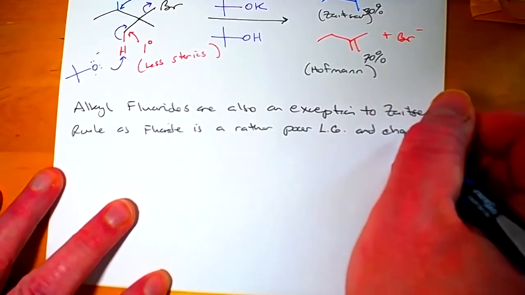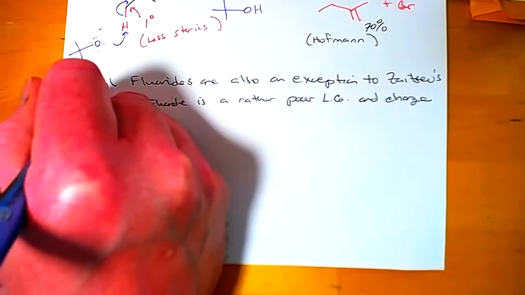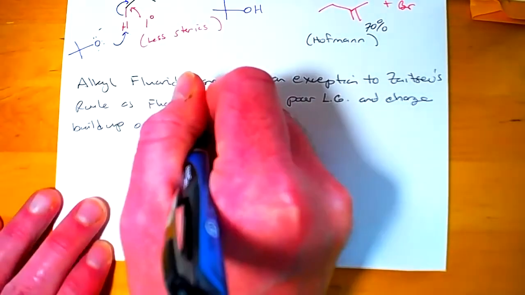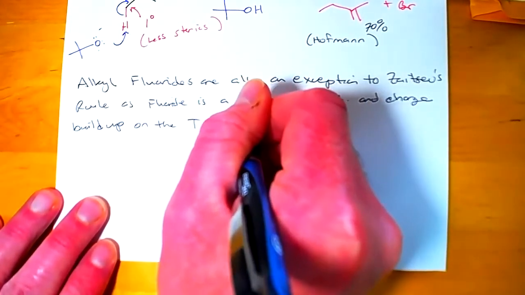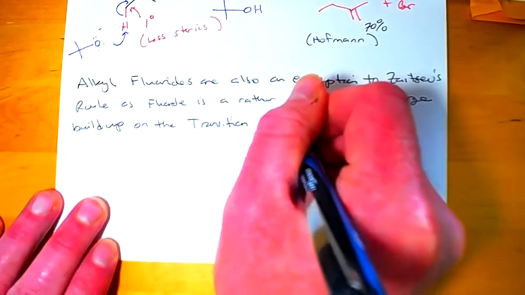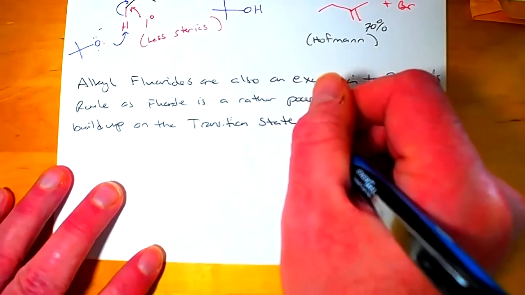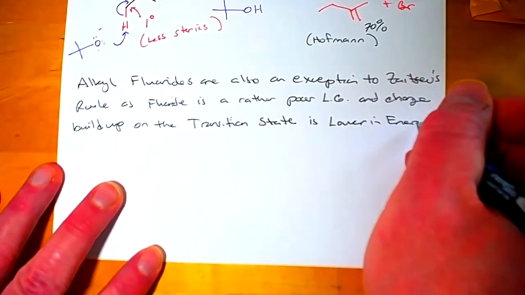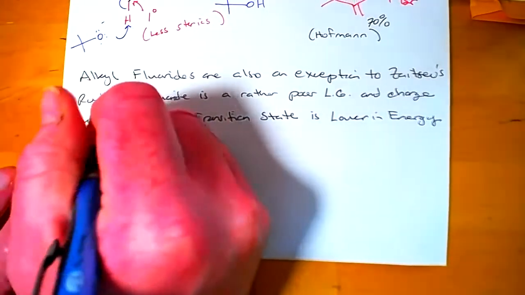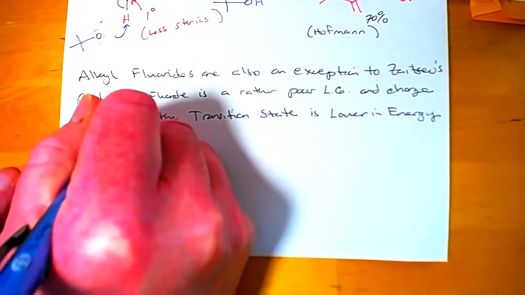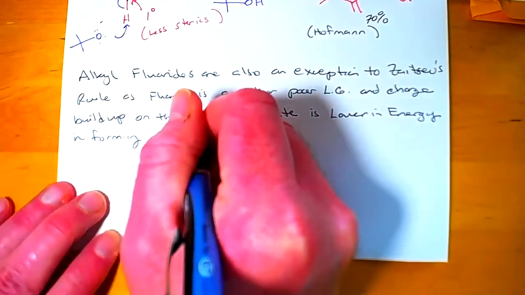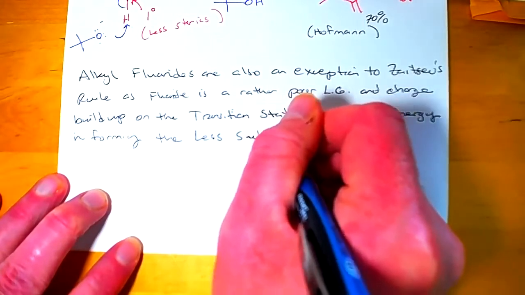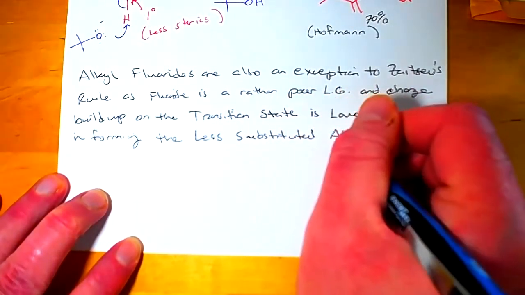And charge buildup on the transition state is lower in energy in forming the less substituted alkene.